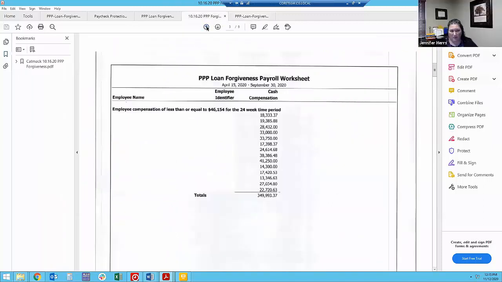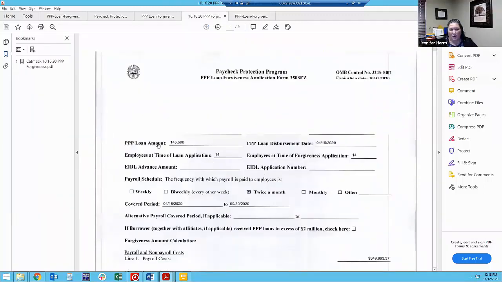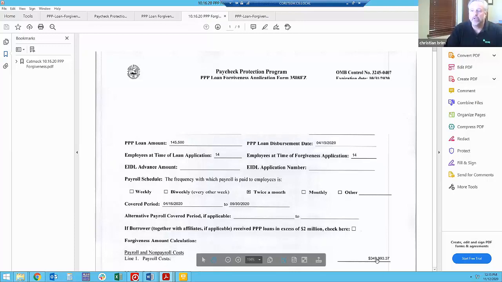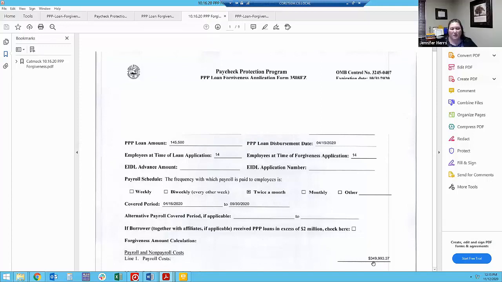In this example, depending on the EIDL amount, but say this full 145 was forgiven, the 145 worth of payroll expenses cannot be expensed on your tax return. So in other words, the $349,000 that I had for payroll expense, I've got to deduct $145,000 from that expense item. Yep, so now you have $200,000 in expense and your taxable net income goes up.